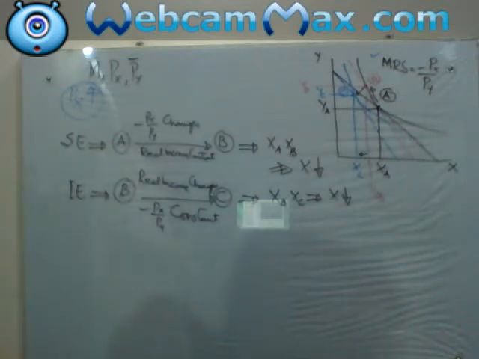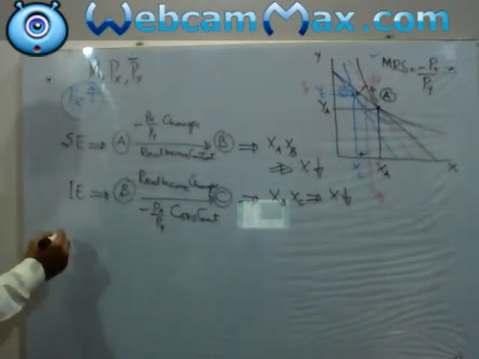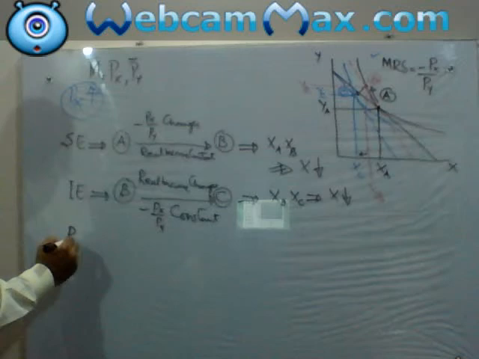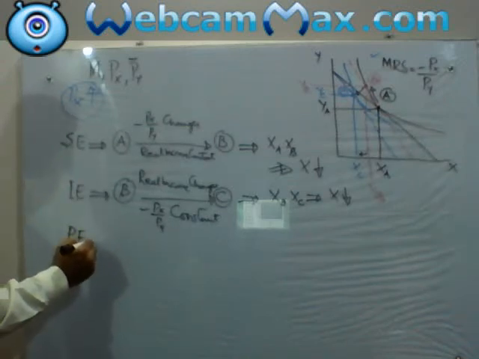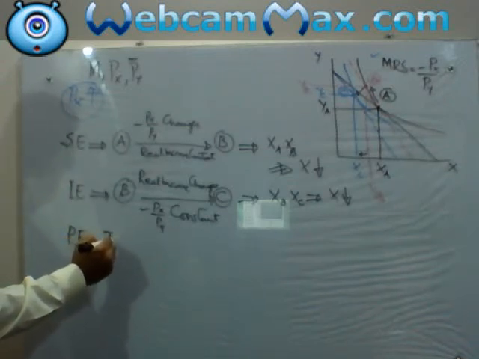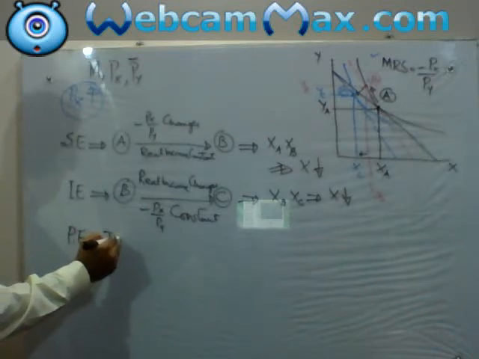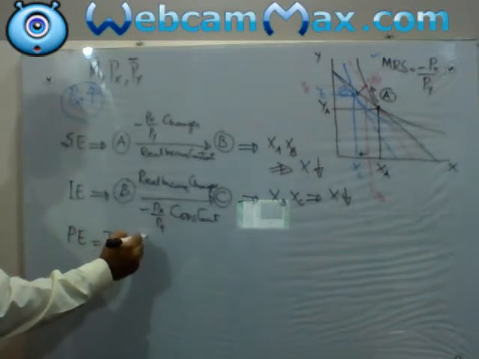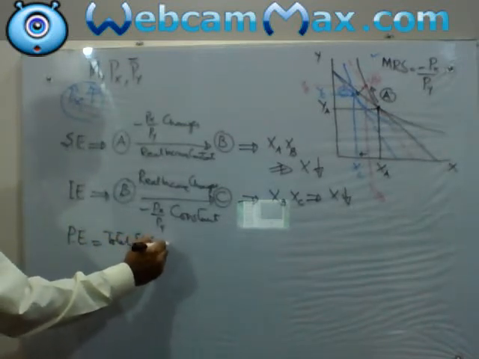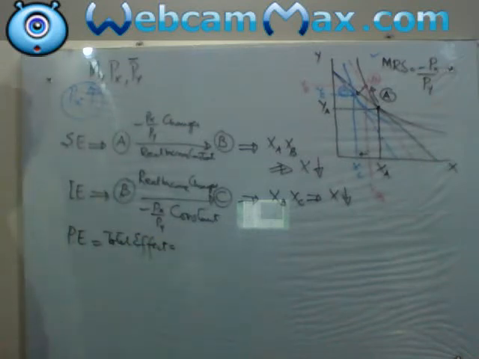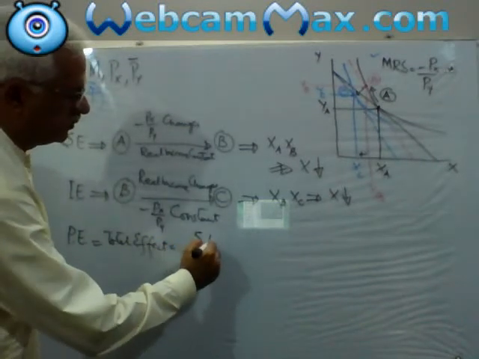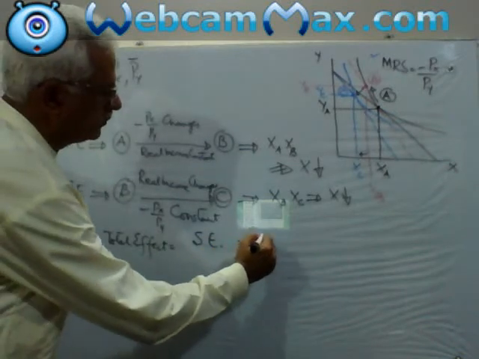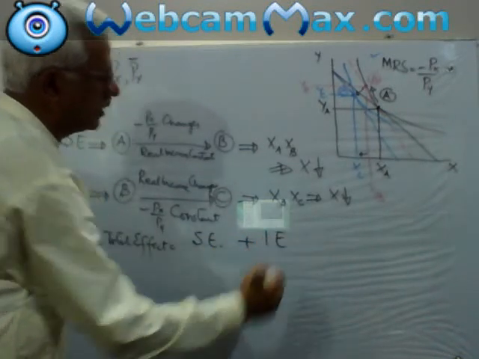The total effect or the price effect is the substitution effect plus the income effect.